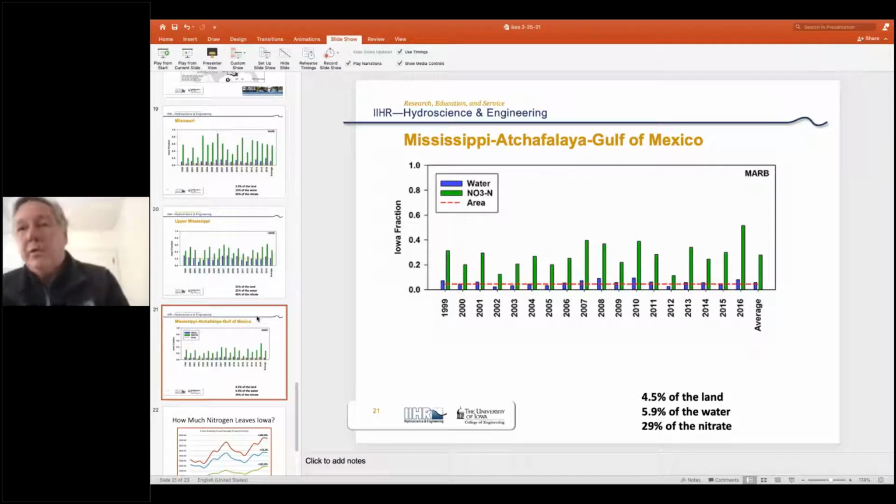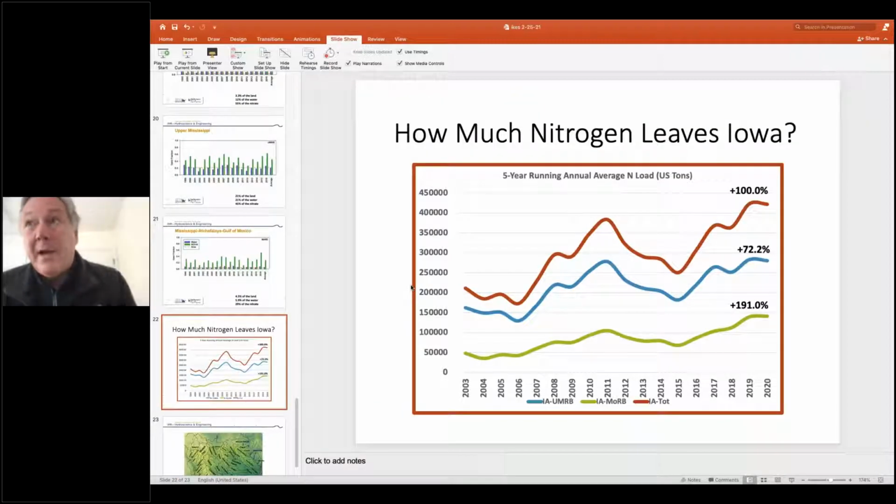Well, we tend to look at this as the 5-year running annual average to kind of account for differences in weather that occur from year to year. We know that weather can change a lot from one year to the next, but the 5-year running annual average, we're losing about 425,000 tons per year from the state. That metric, the running annual average, has about doubled since 2003.